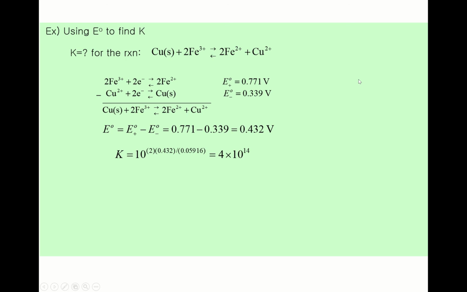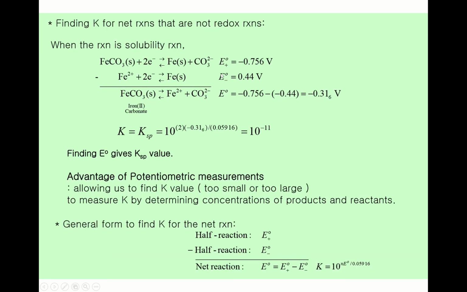But that is very difficult, since the equilibrium constant is very large. In other words, the ferric ion concentration will be very small. How do you measure such a very small concentration? You may have large errors, but using this electrochemical principle, it is very easy. Without any experiment, we can calculate the equilibrium constant for this reaction. That's the beauty of electrochemistry.